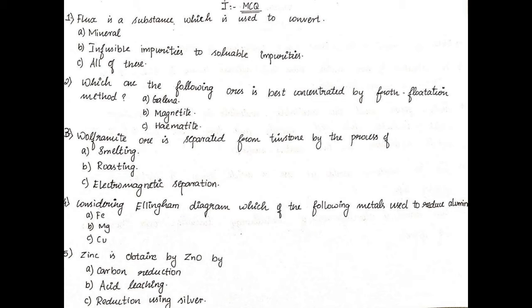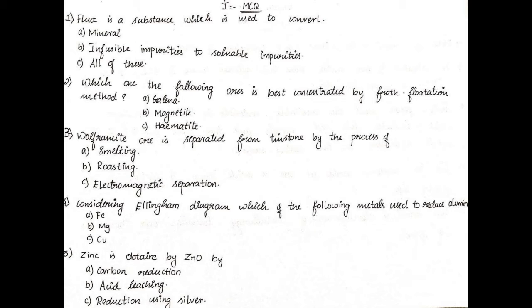Third, wolframite ore is separated from tin stone by the process of option A, smelting; option B, roasting; option C, electromagnetic separation. Fourth, considering Ellingham diagram, which of the following metals is used to reduce alumina?